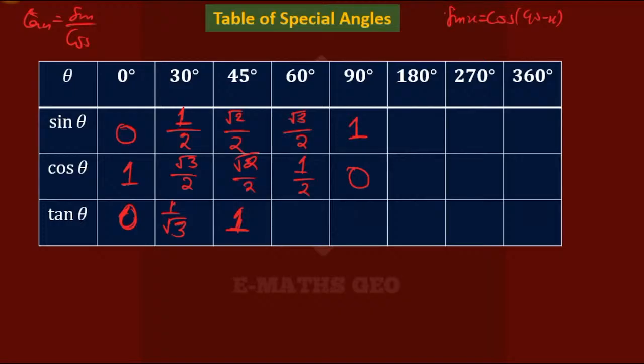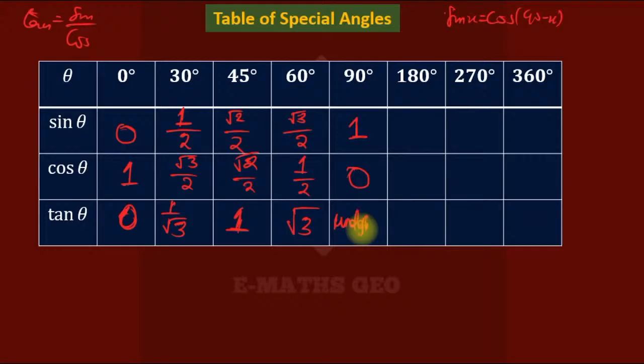Then root 3 over 2 divided by a half is root 3 over 1, which is root 3. And 1 divided by 0 is undefined. So it's undefined.